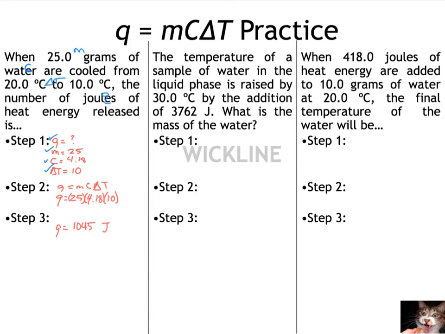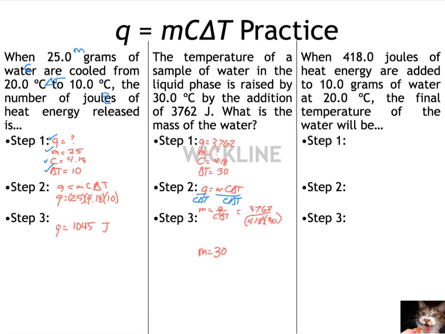And after executing the operations, I got 1,045 joules. I did not take care to make sure this was in scientific notation, or in proper significant digits, so I will go over that in class if you guys need help. All right, I'm going to do the second one now.